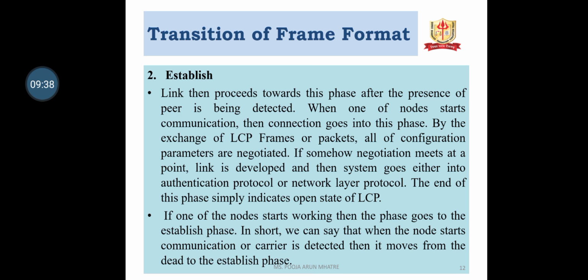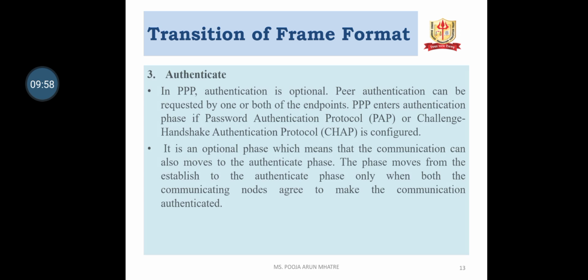The end of this phase indicates the open state of LCP. In short, when a node starts communication or a carrier is detected, it moves from the dead to the established phase.